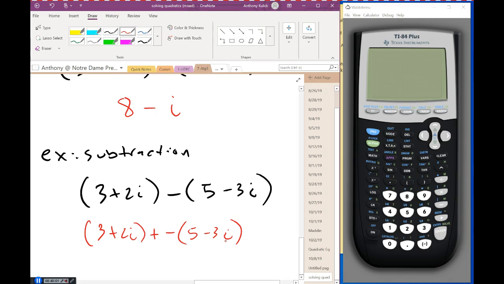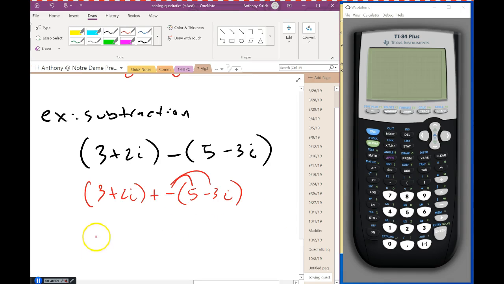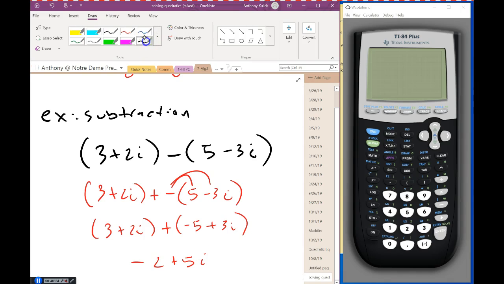So I can rewrite it this way. When I have a negative sign in front of a parenthesis, what do I have to do? I distribute that negative into the parenthesis. And then I can just combine like terms, because it's an addition problem now. That's pretty good news as well, right?